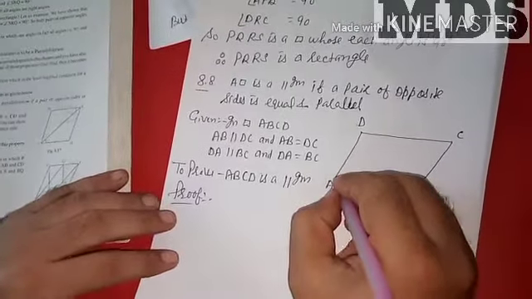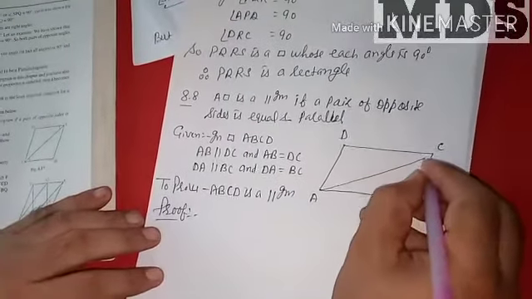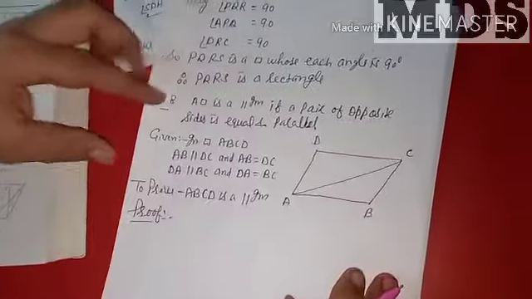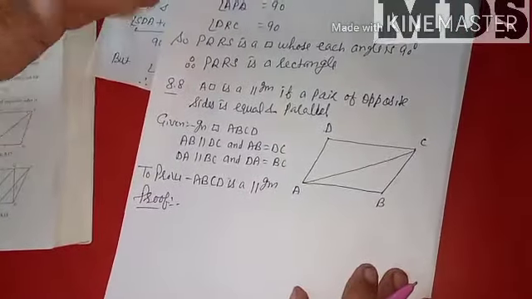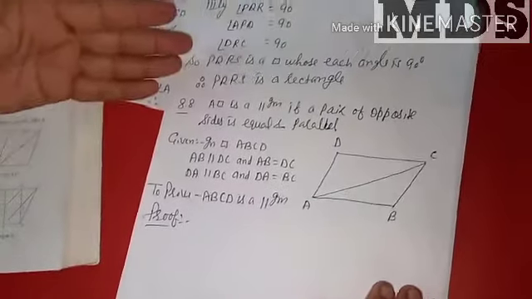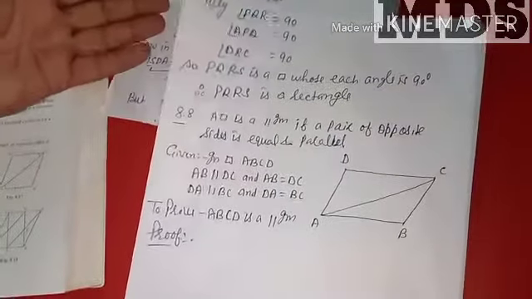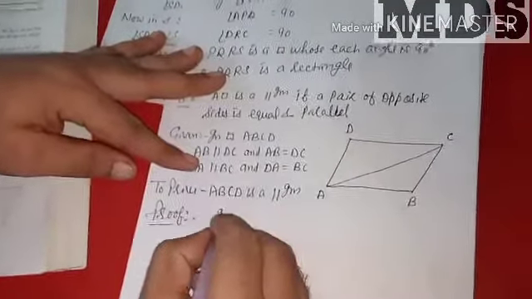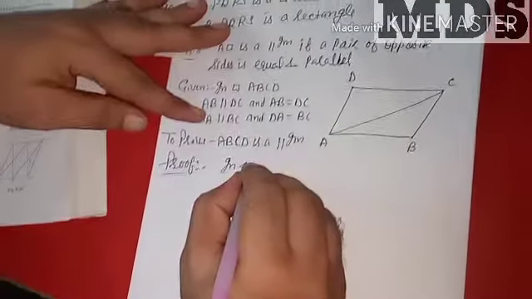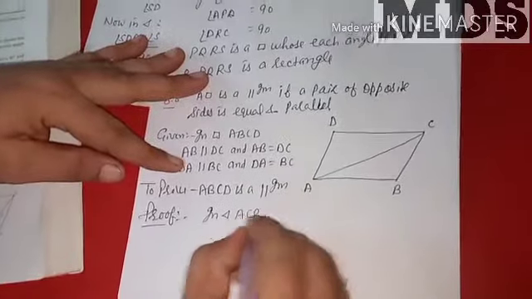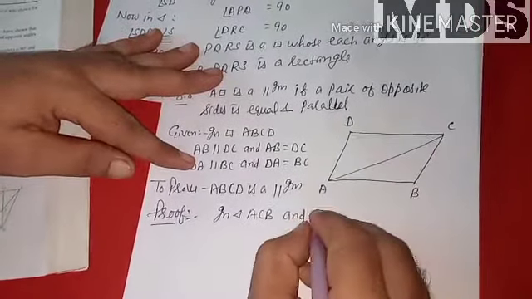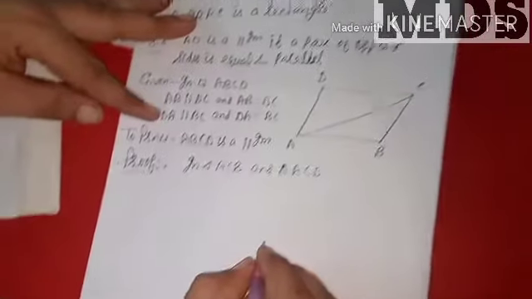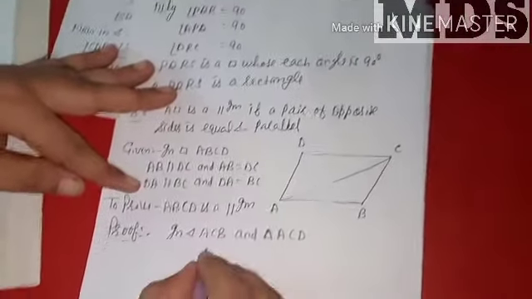Construction: you can join A and C. I can prove this triangle is congruent to this triangle, and then I can say the diagonal of this quadrilateral divides it into two equal parts. Whose property is this? This is the property of a parallelogram. So in triangle ACB and triangle CAD, what you can say?